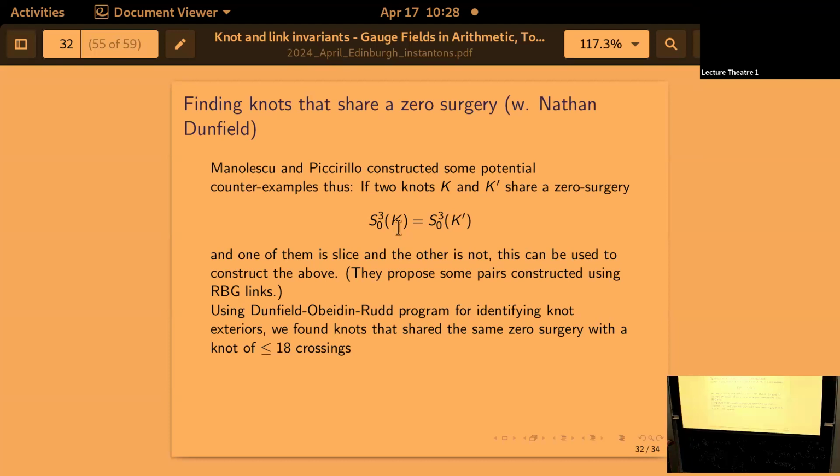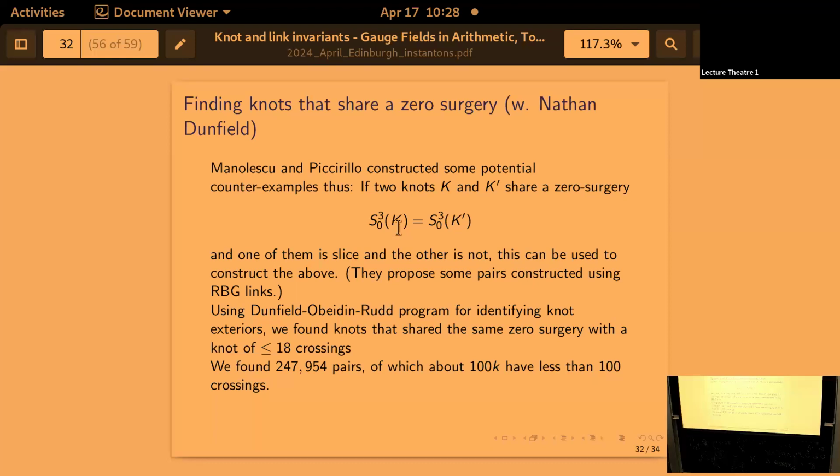We found 200-something thousand pairs of knots which share a zero surgery. When your knot has too many crossings, it's basically impossible to figure out whether it's slice or not, because when your knot has over about 80 crossings, the obstructions become essentially impossible to compute.